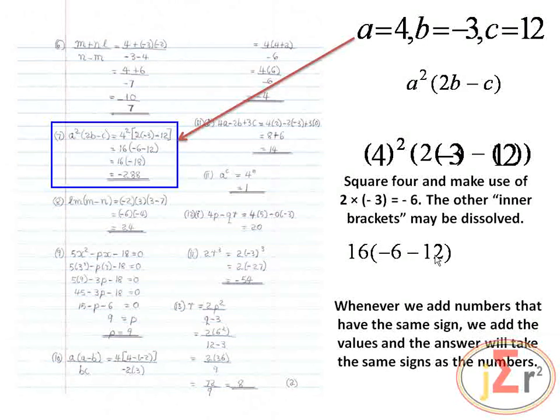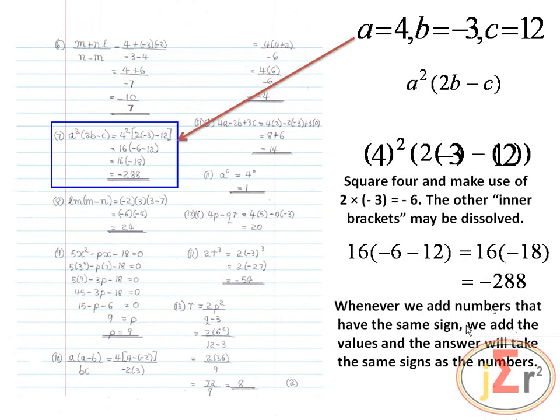Add the values and the answer will take the same sign. Negative 18. Finish by multiplying the positive and the negative numbers, which is 16 times negative 18. That gives negative 288.